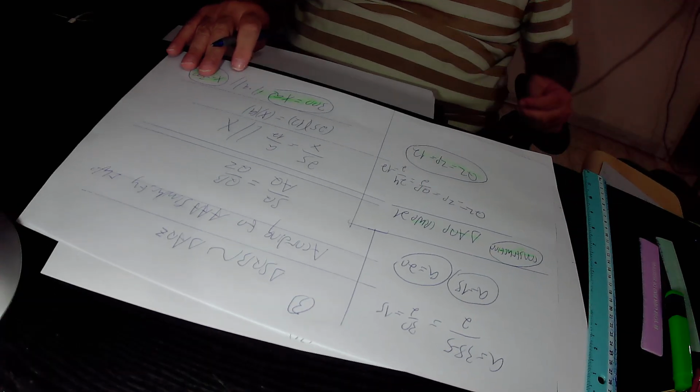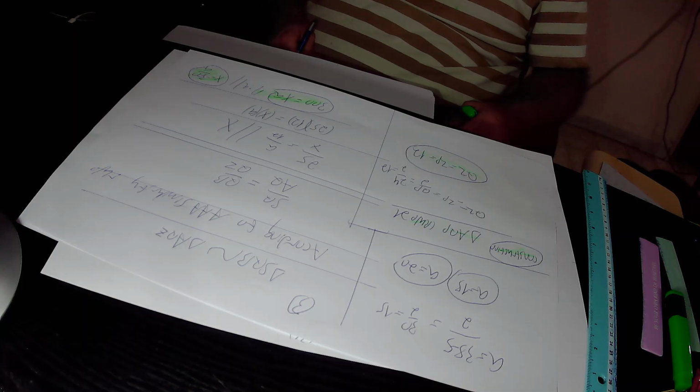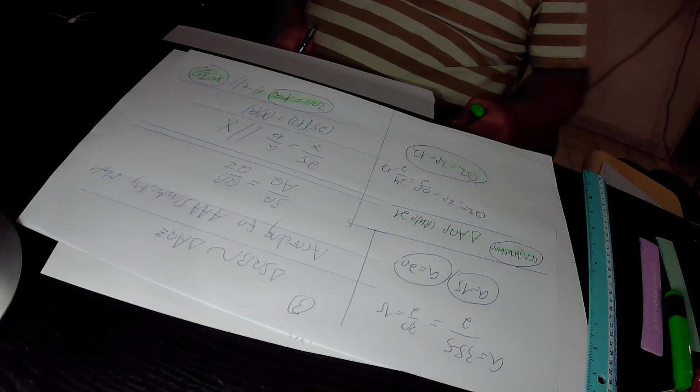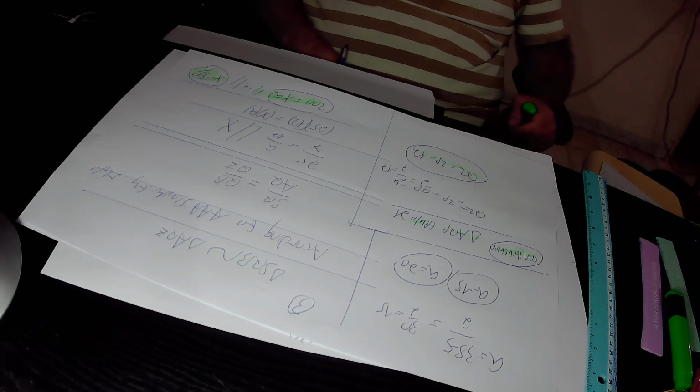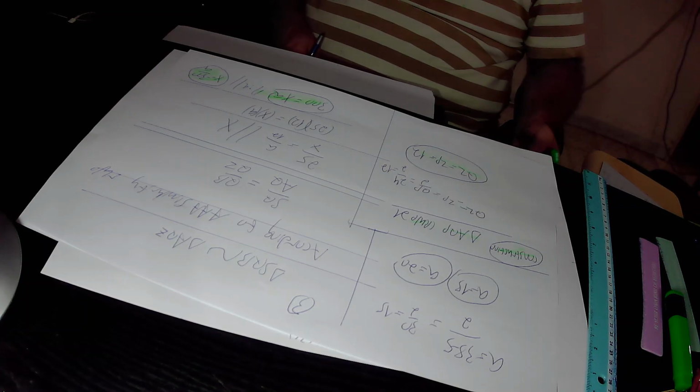So we have to find out what is the real value of A, because we have two solutions for A. A could be equal to 20 or A could be equal to 15. This is the solution of the quadratic equation.